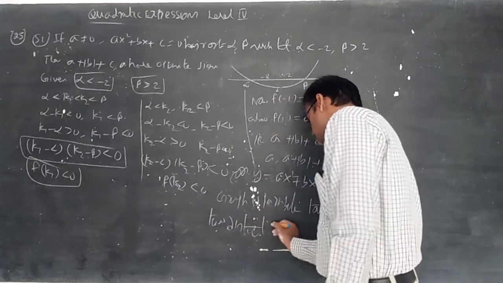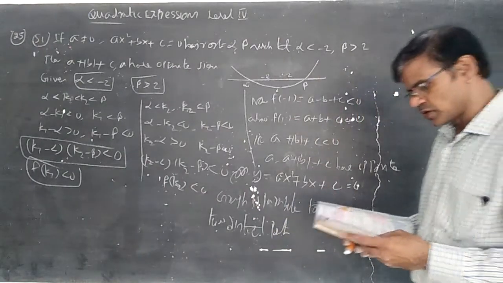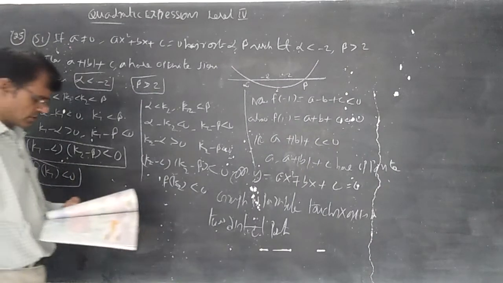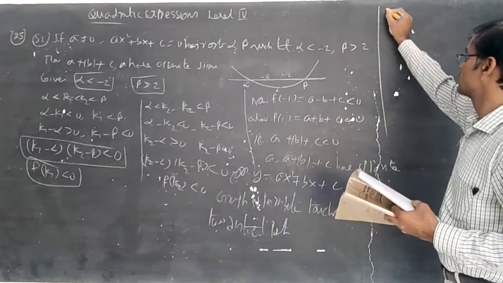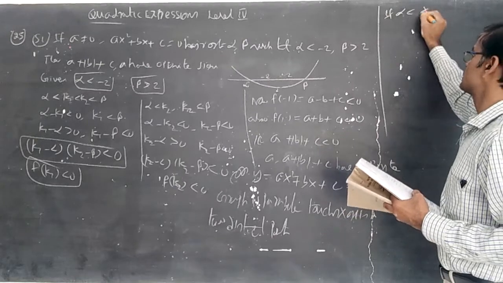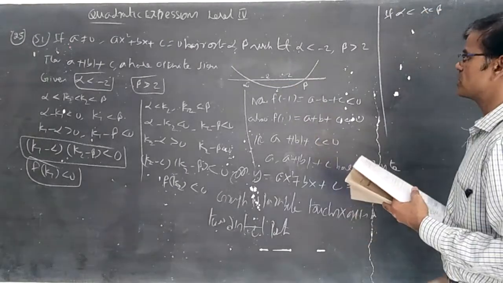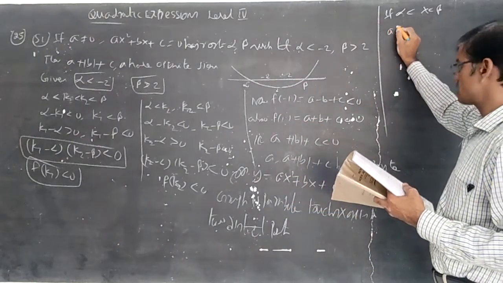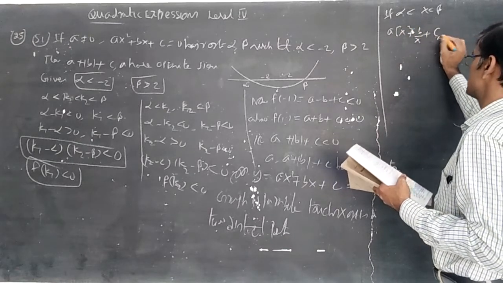So ax square plus bx plus c by a, if you take alpha less than x less than beta, if any number lies between alpha and beta, then you can substitute here a into, if you take common, a into x square plus b by a x plus c by a.